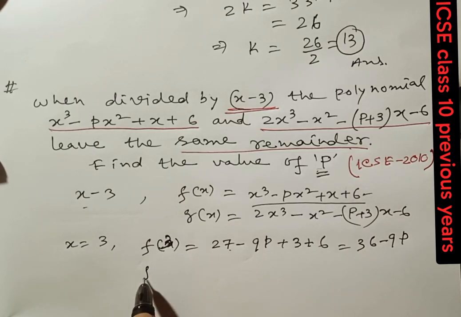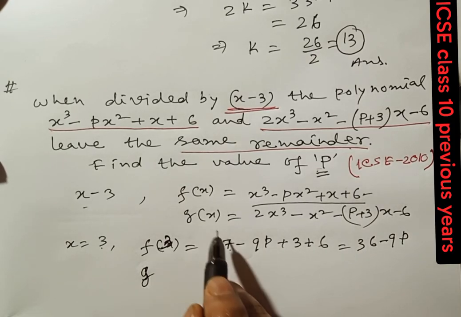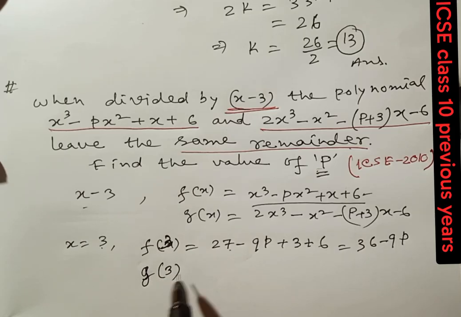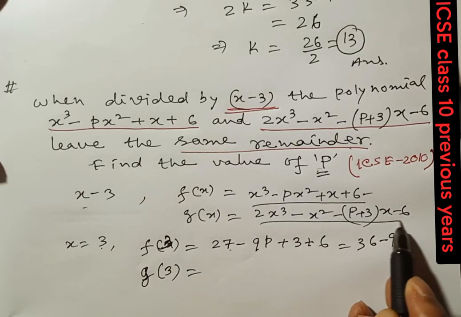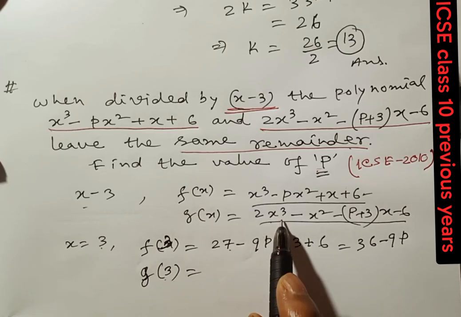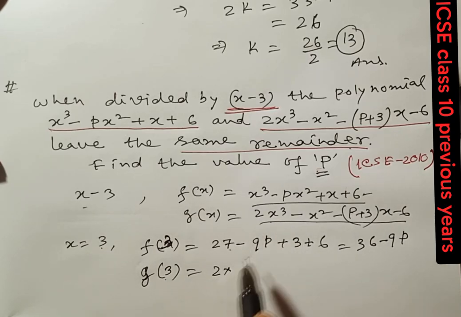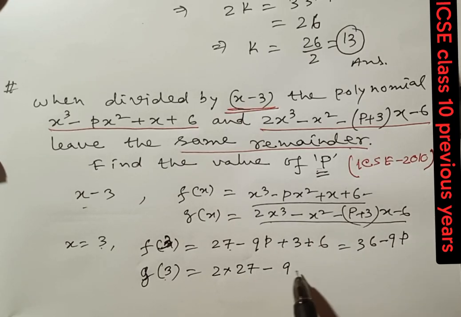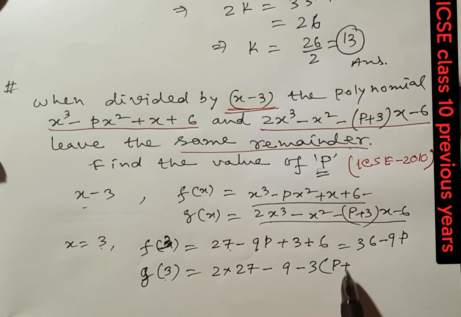Now we put x equal to 3 in g(x). So g(x) equal to this, we put x equal to 3 here. So 2 into 27 minus x square 9 minus x equal to 3 means 3p plus 3 minus 6.